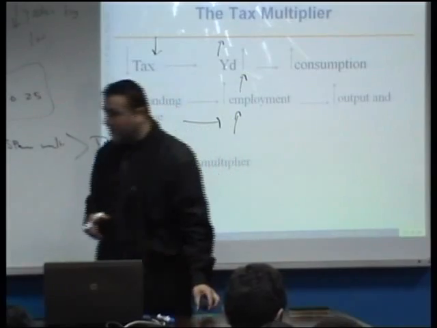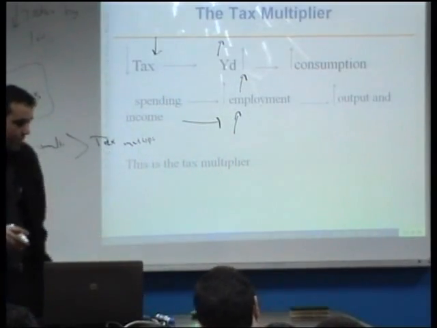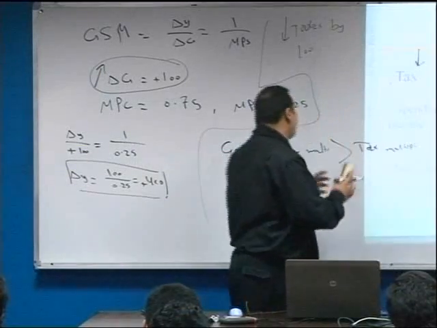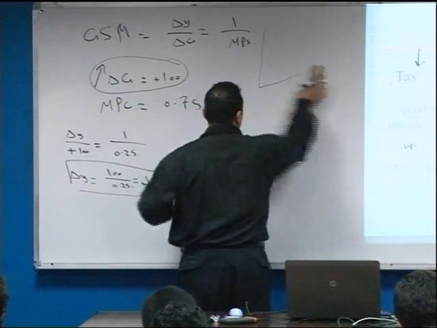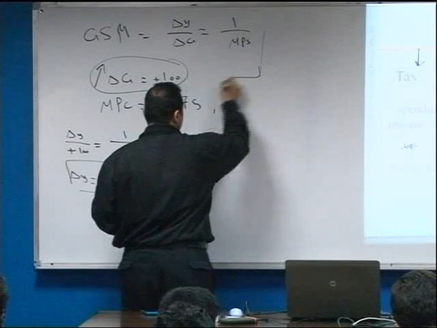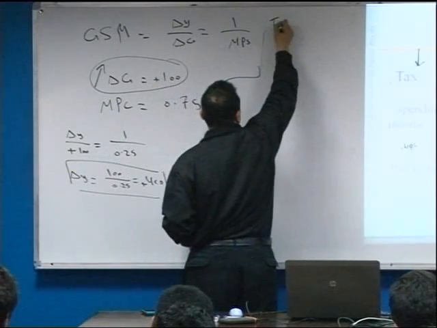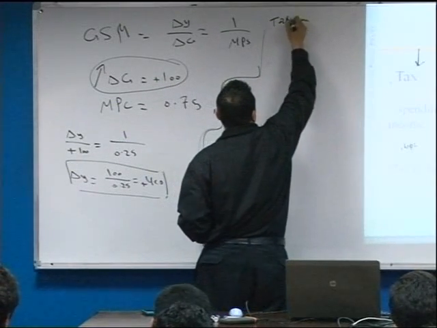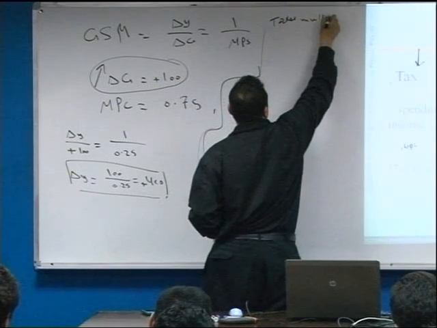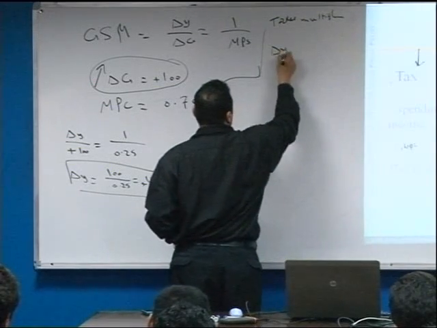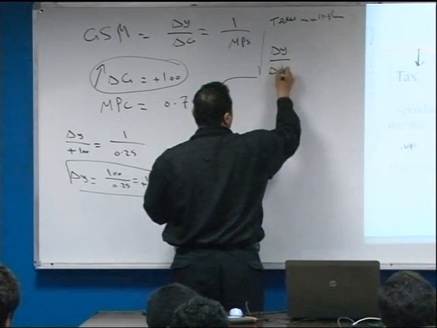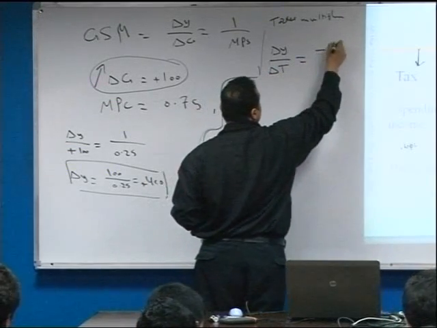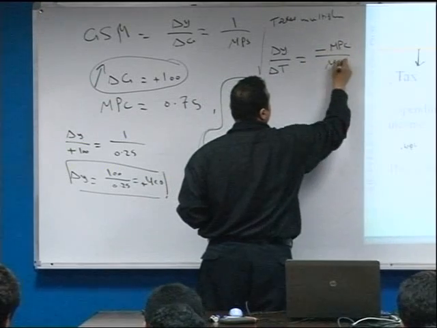We have a formula for the tax multiplier. The tax multiplier is delta Y over delta T equals minus MPC over MPS.